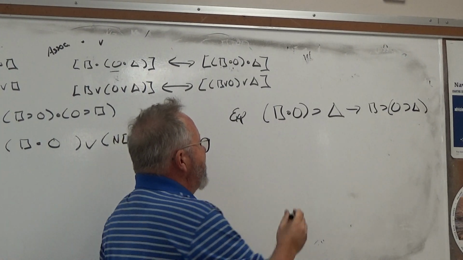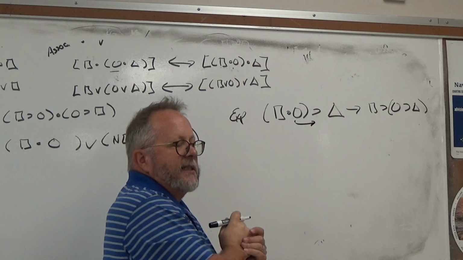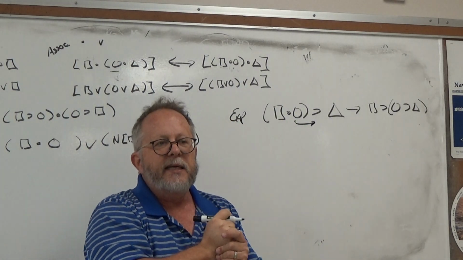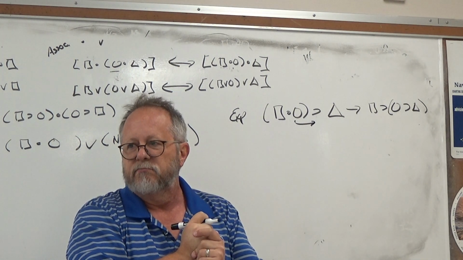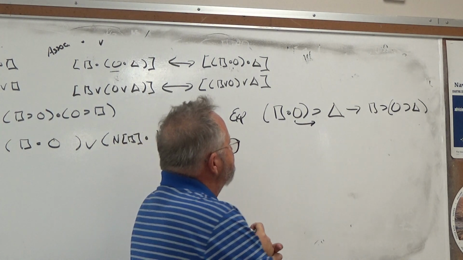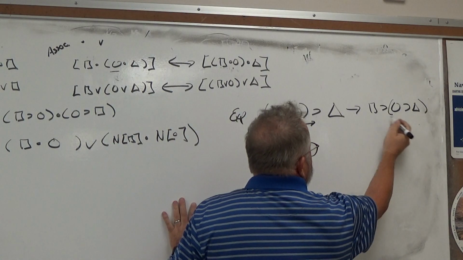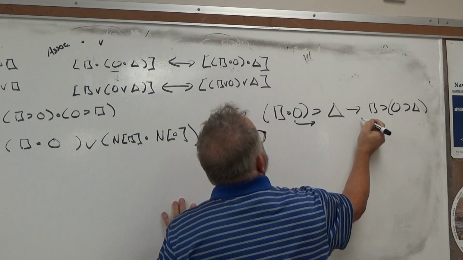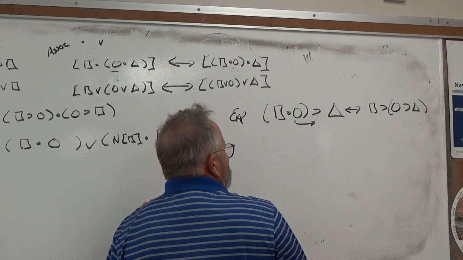So what I did is I exported this second conjunct into the consequent of the conditional. Okay? And of course, if you had this, you could pull it out, exportation, backwards as it were.